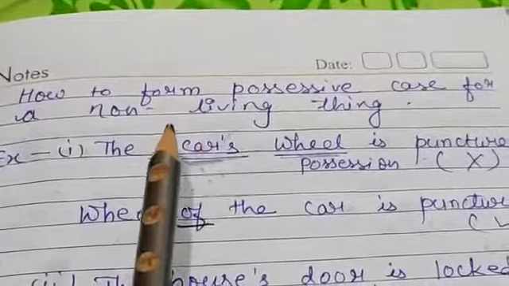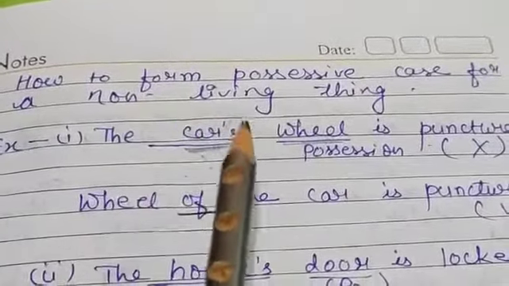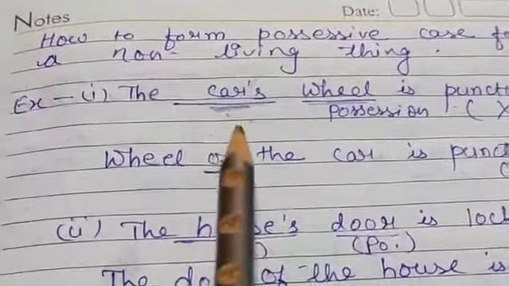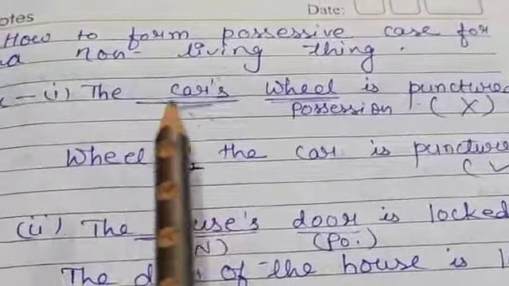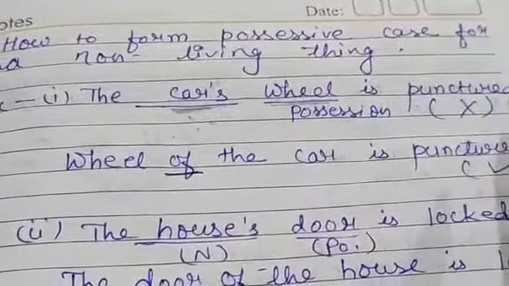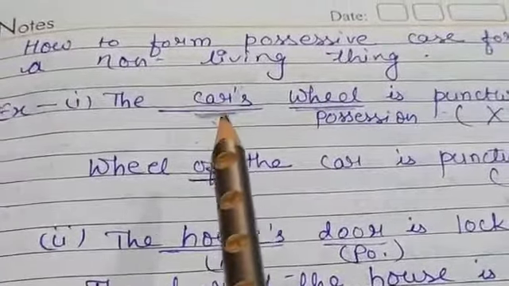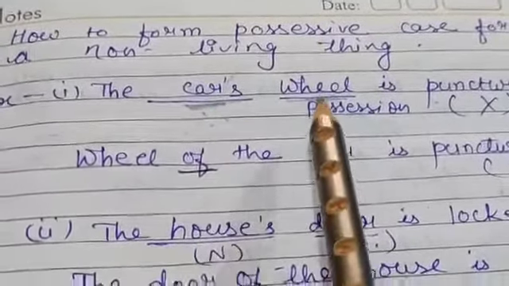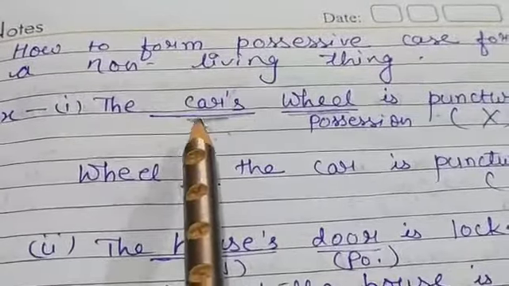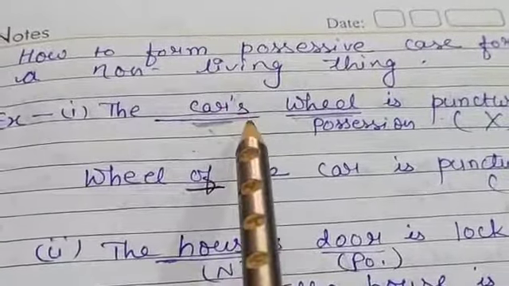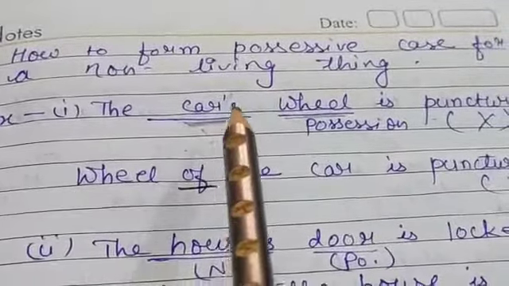How to form possessive case for a non-living thing? Now, look at this example students. The car's wheel is punctured. See, we have two nouns, car and wheel. Wheel is the possession, car is a noun and apostrophe S means this is possessive case.